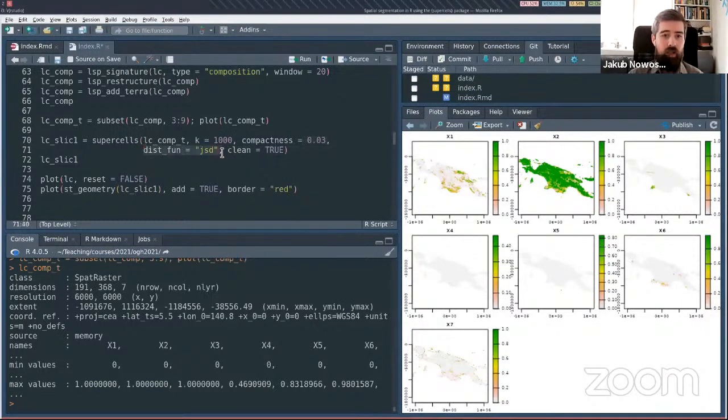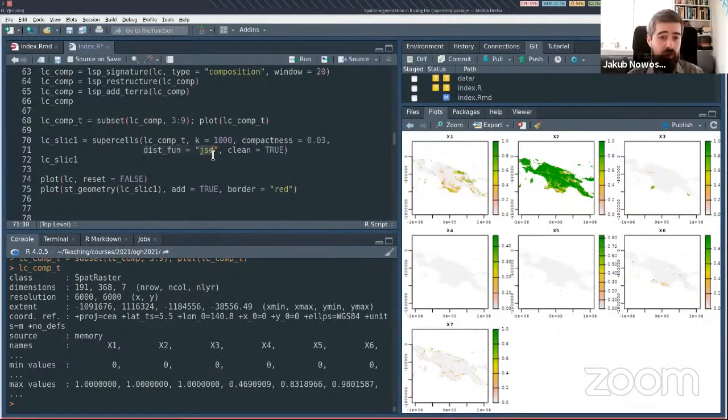But here, we can also move to use other distance functions, because Euclidean distance is not perfect when you have proportions. There are better measures here. One of the measures that we can use is called Jensen-Shannon distance, or Jensen divergence, to better compare proportions of different land cover categories.